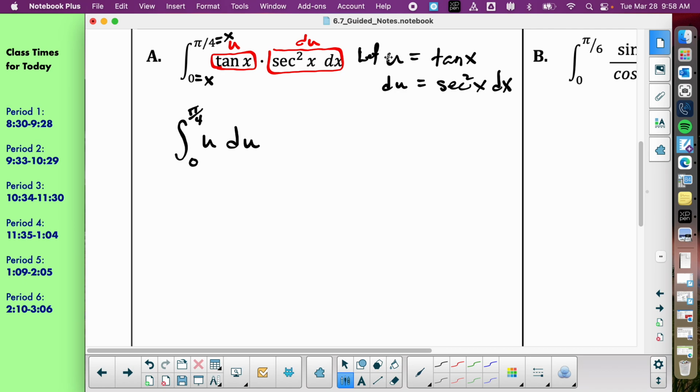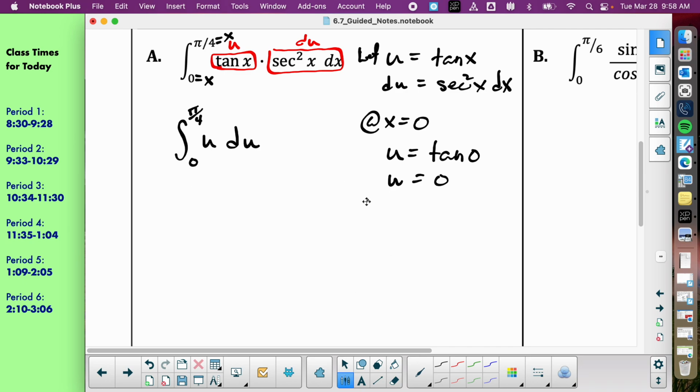Okay, so here's what you have to do. We wrote down that u is tangent of whatever the x is. So if we want to find the correct values, at x equals 0, the u value would be tangent of 0, which is 0. So in place of x equals 0, I would write u equals 0, which I guess for this one we were half correct.